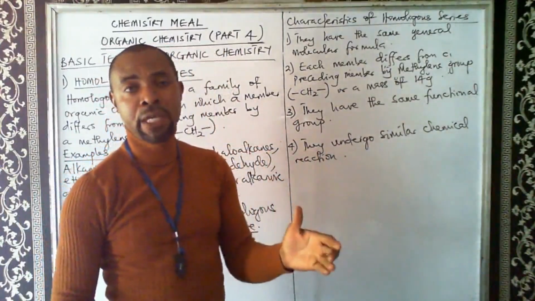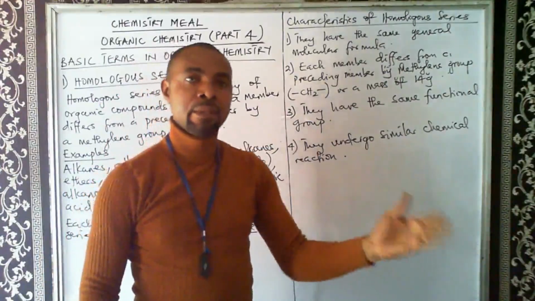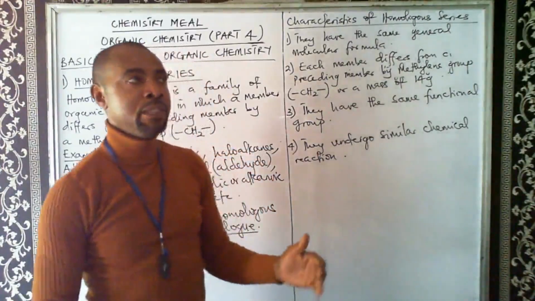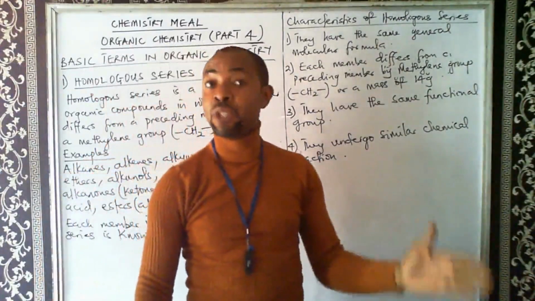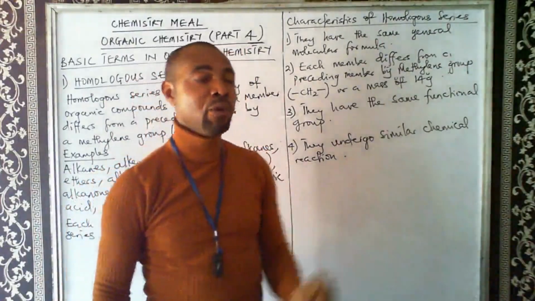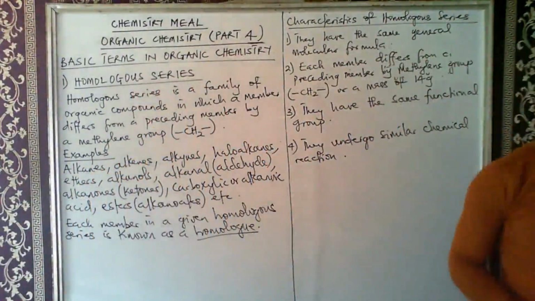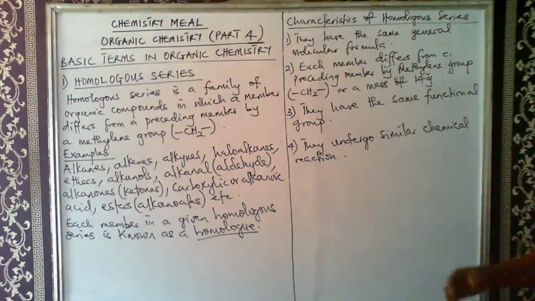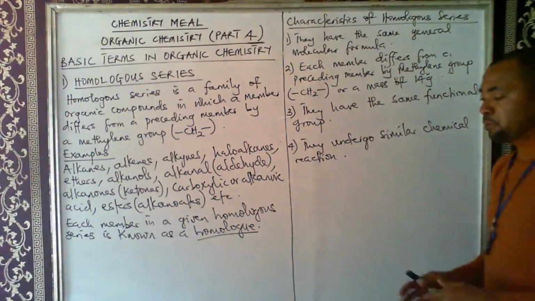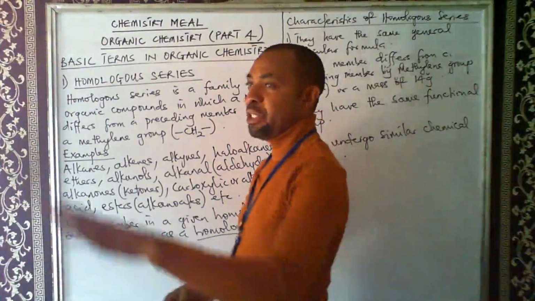you talk about alkane. If methane will undergo the reaction, then ethane is expected to undergo that chemical reaction. That means if methane can react with chlorine, it means that ethane can react with chlorine, since it's in the same family. Yeah, you see, it's a family business. So all of them are in the same family, so they will undergo the same reaction. That's why even in real life they say, there is a way this family behave.